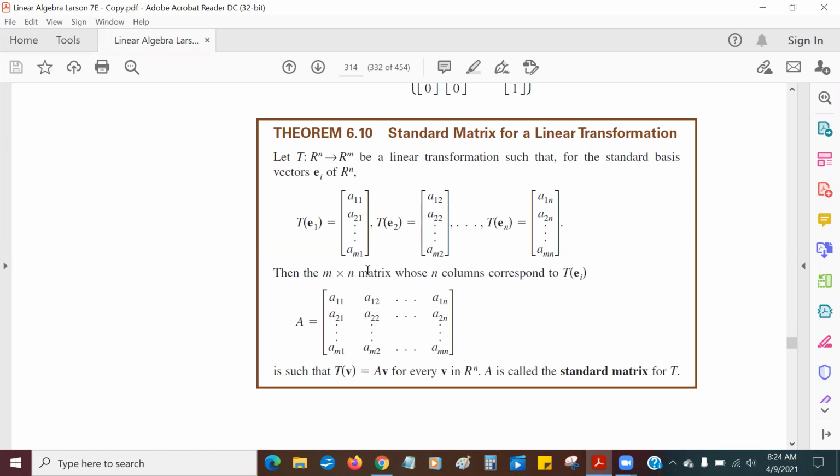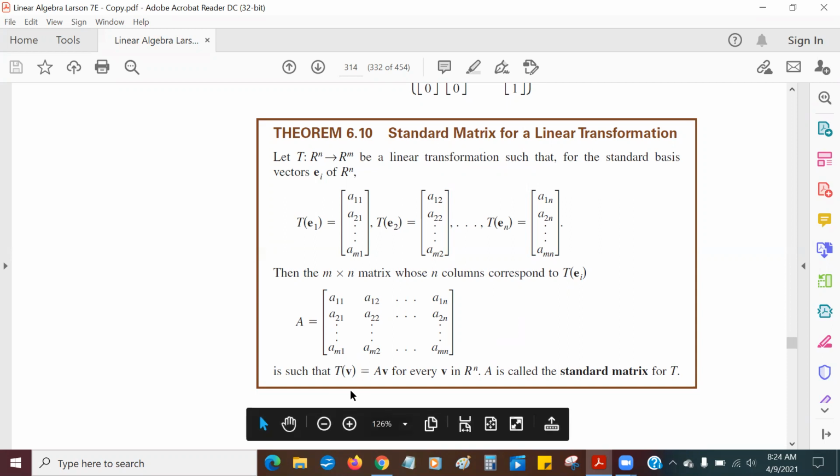Anyway, then the M by N matrix, that's Mike by November, whose n columns correspond to these T of Ei, meaning these same A's here. So if I take this column and that column and all these columns, and just press them all together into one giant happy matrix, so these numbers down here are the same as these numbers up here, then this new matrix A is going to express the entire linear transformation.